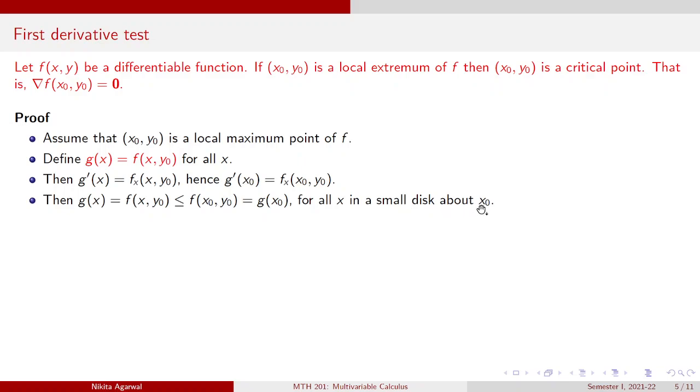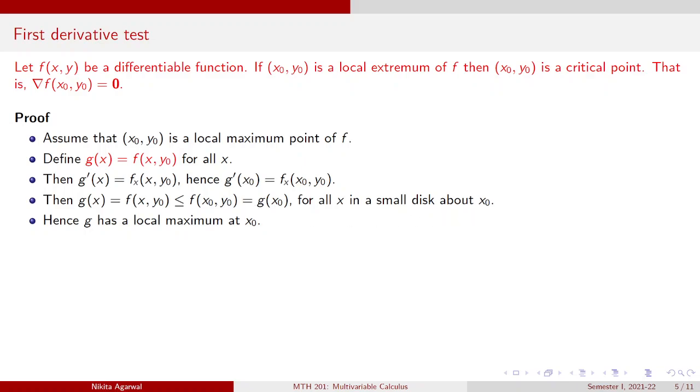But what does that mean? That means x0 is a local maximum point for g, because that is the definition of local maximum in one variable: the function takes its largest value in some disk about that point.